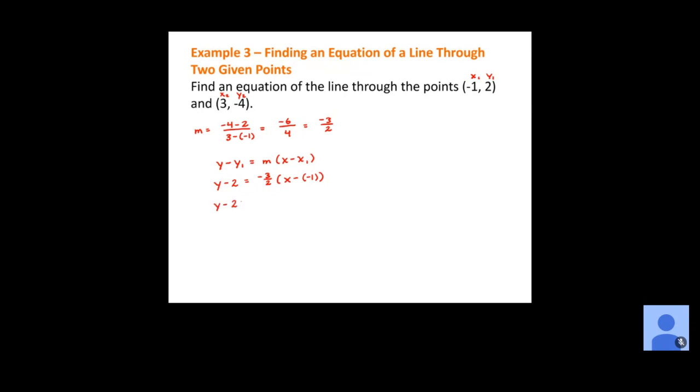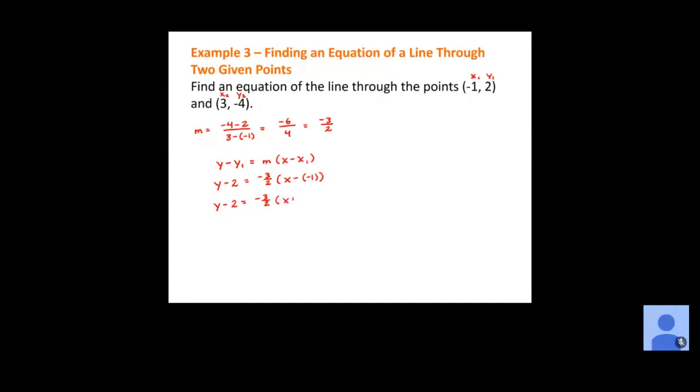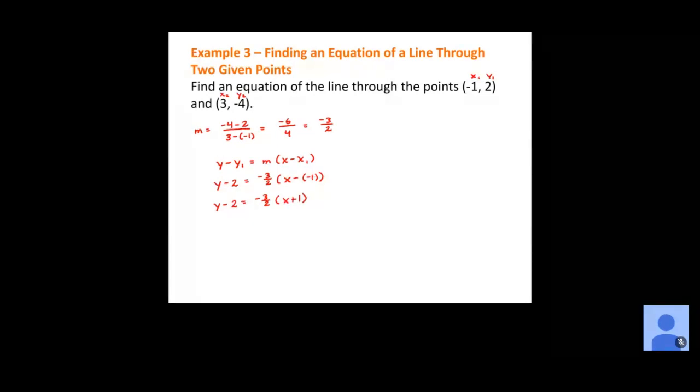So that's y minus 2 equals -3/2 times x plus 1. That answer right there is perfectly fine if I don't specify slope-intercept, but if it does ask for slope-intercept, then we would want to distribute and move the 2 over. So that's going to give us y minus 2 equals -3/2 x minus 3/2.